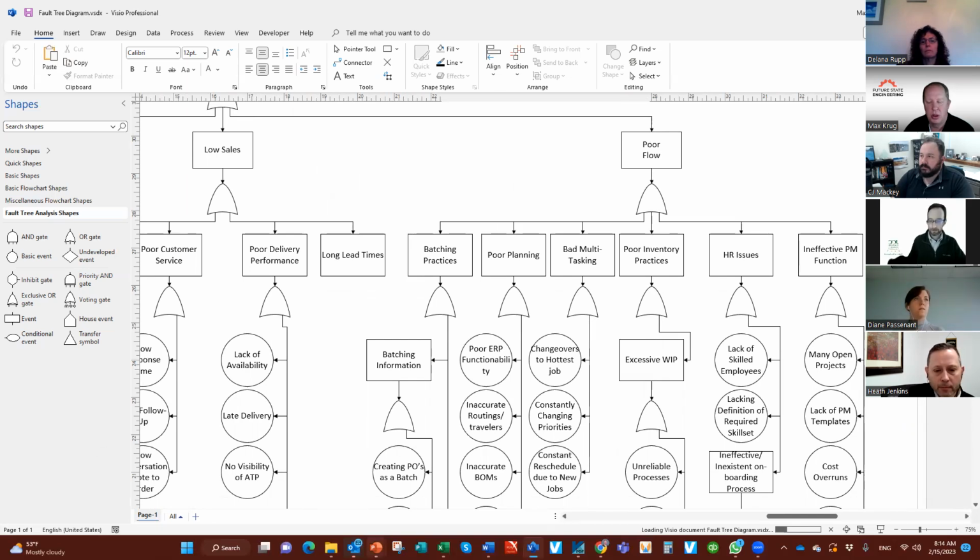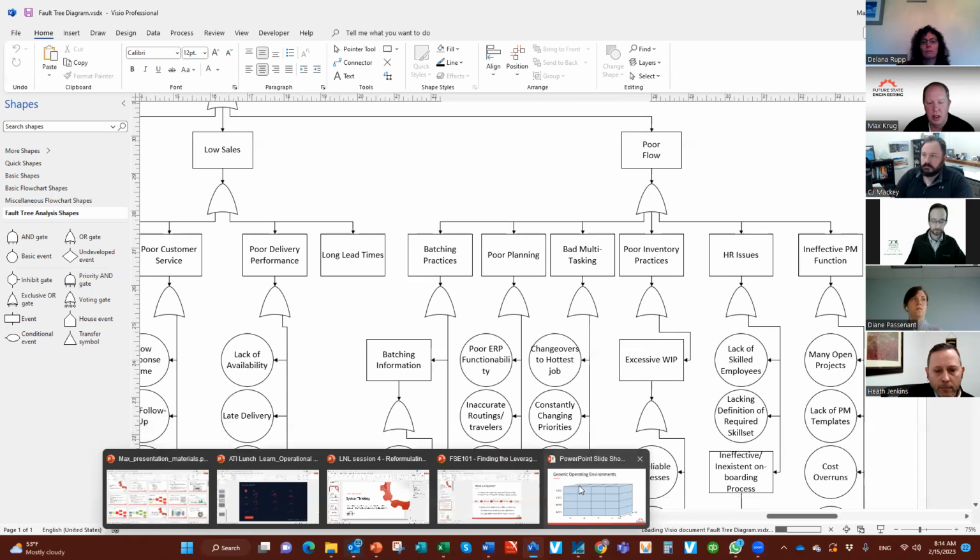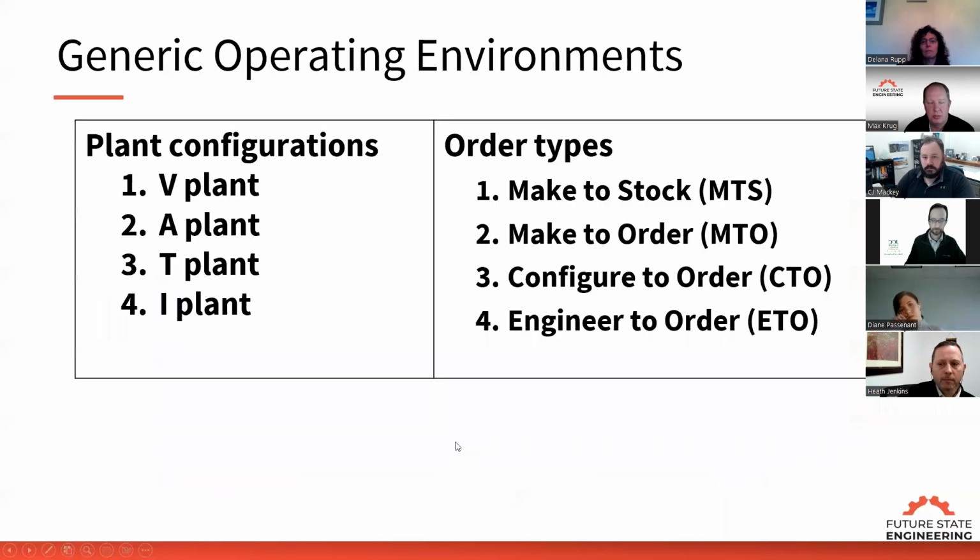Now, when I go back to the configurations, when I have unreliable processes and lots of machine issues, the implications might be different for these different plants. In an I plant, the whole line stops, which is a huge problem.